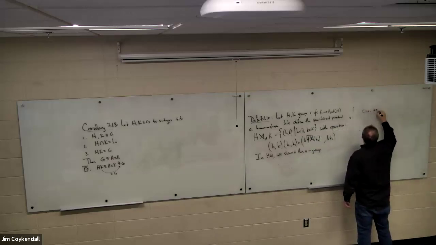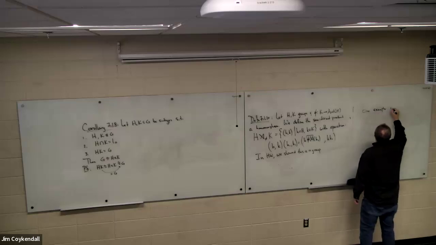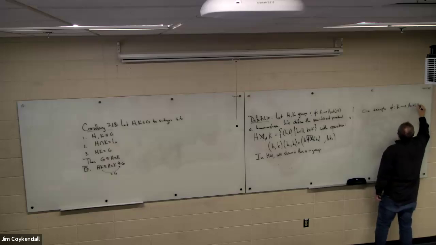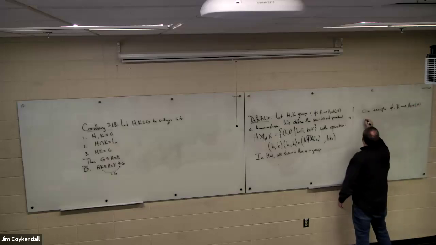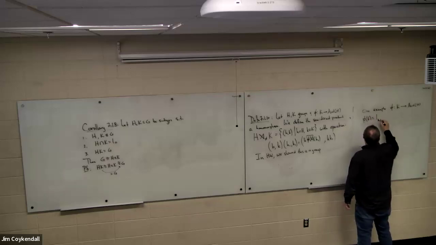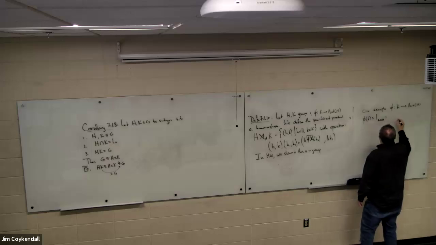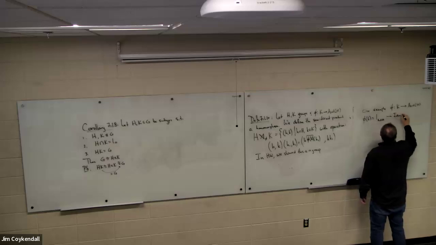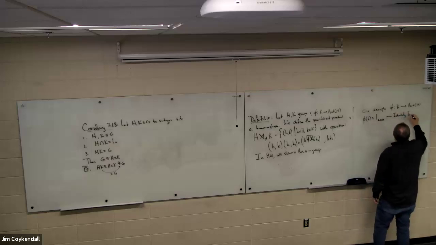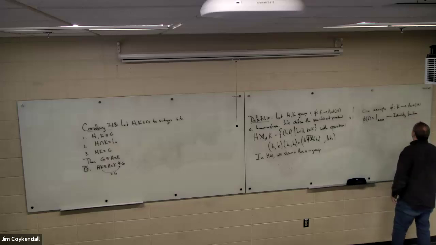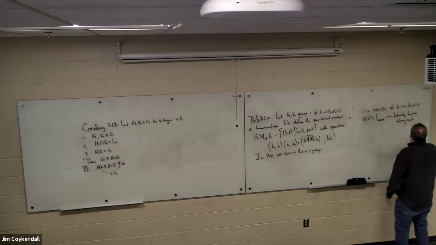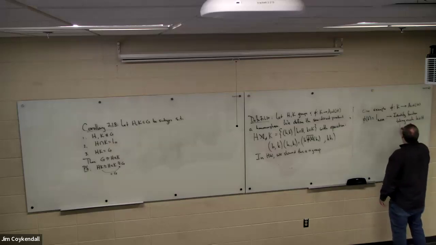One example: phi from K into Aut(H). Let me tell you how it works. Phi of k is the identity of Aut(H), which is the identity function that takes each h in H to itself.